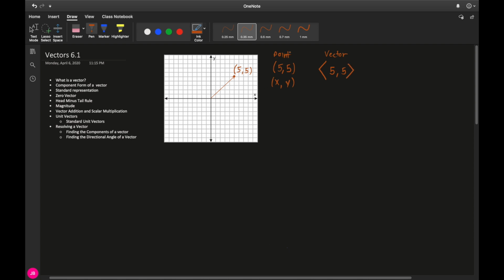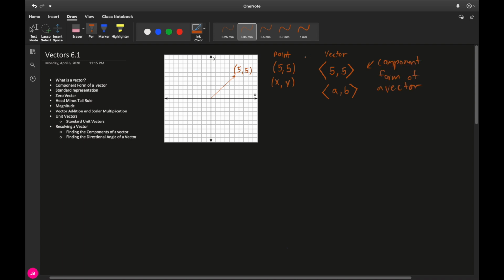The parentheses mean that it's a point, and these brackets mean that it is representing a vector. And it's going to have a comma b. We're going to be using a and b, a for the x and b for the y coordinate of this. This is what we call component form of a vector.